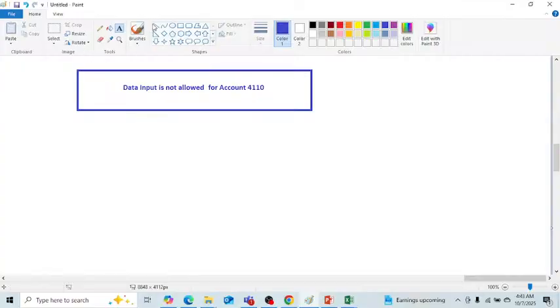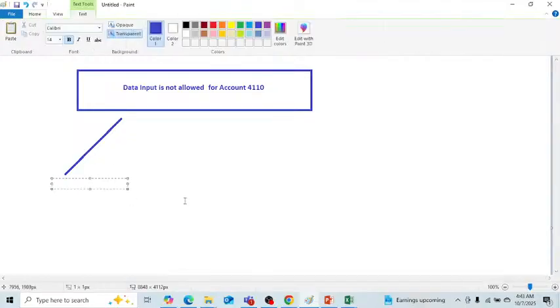So the main concepts we will understand today are different concepts. The first concept is the parent account, or the element or basis for the analysis.